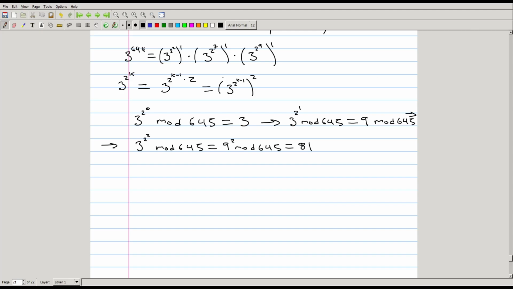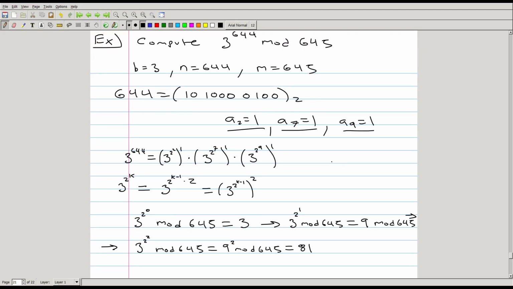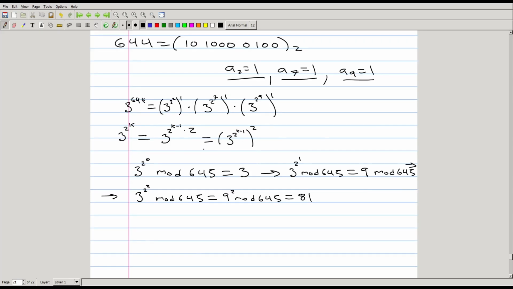And this is one of the values that we need to compute our product. We need 3 to the power 2 to the power 2, because a2 is 1. So we have to store this value right here.